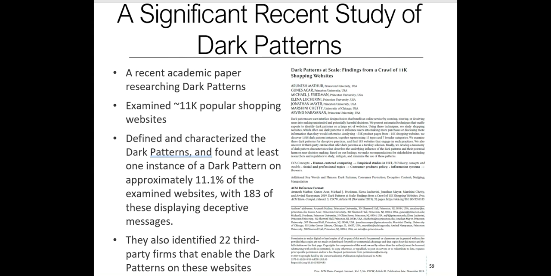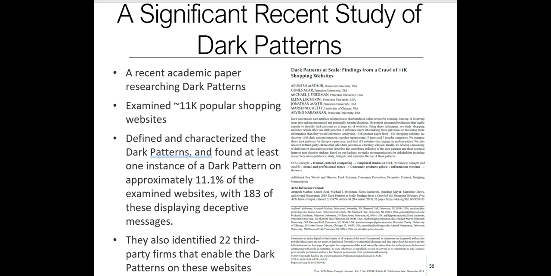And this is from late 2019. Essentially they examined roughly 11,000 popular shopping websites. That popularity was determined by a third-party website that lists the top several thousand online shopping websites. And then they went and characterized the types of dark patterns that are there.